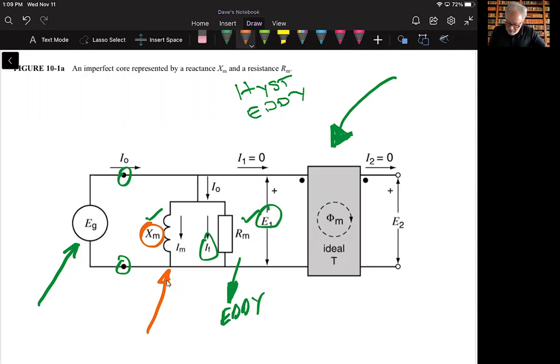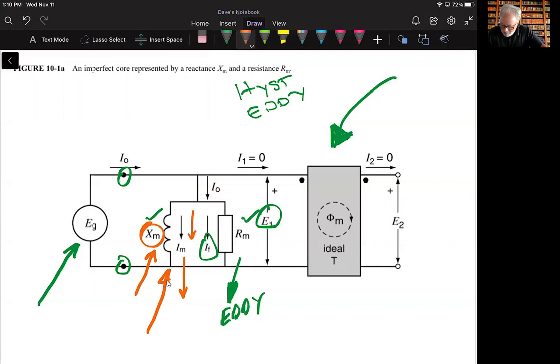I want you to think about that in terms of this current. The current flowing through this inductor represents the magnitude of the current that we need to create the flux in the core. Now, if this takes a high value of current, then that means that X sub M is very low.